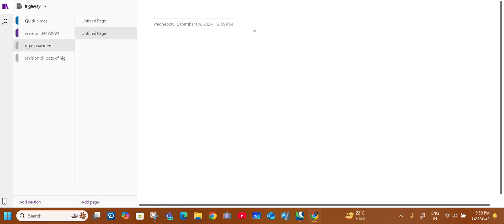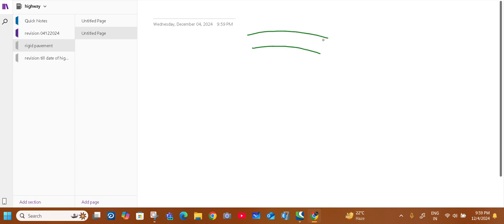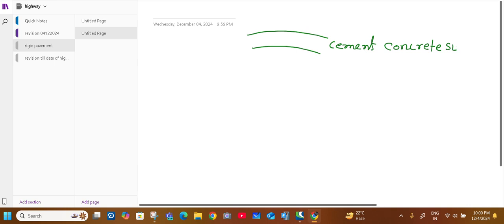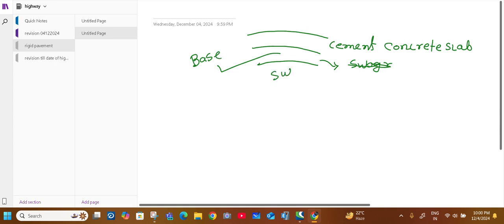So, what is rigid pavement? The rigid pavement is basically this is cement concrete slab, and this is the base, and this is the subgrade.